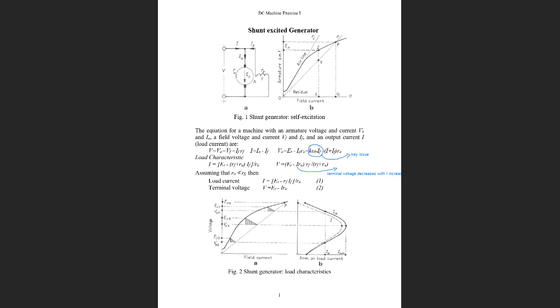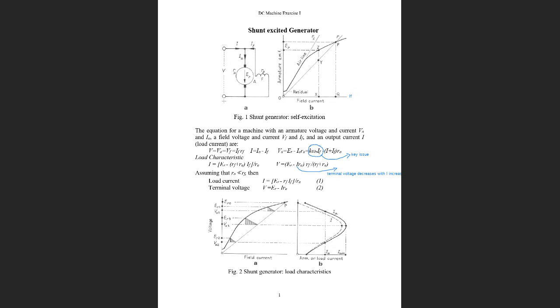So what is the obvious relation between them? We cannot tell from the formulas here, so we should draw some figures to see how the terminal voltage changes against the loading current.